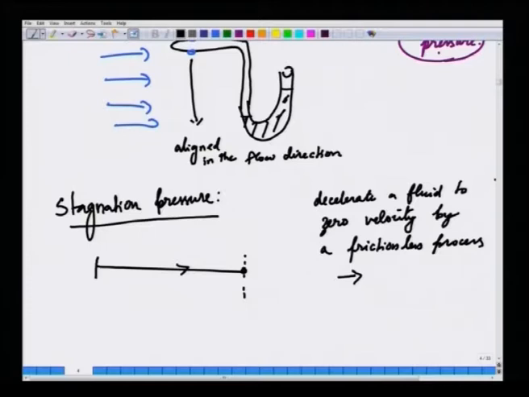If you take this streamline and apply the Bernoulli equation between point 1 and 2, here the velocity of the fluid is 0.